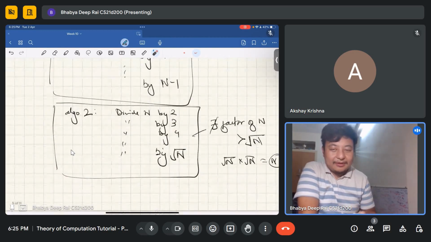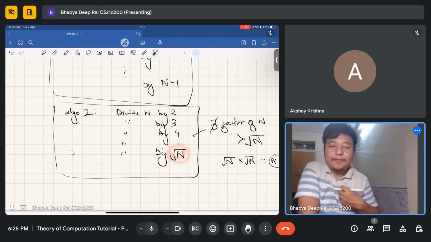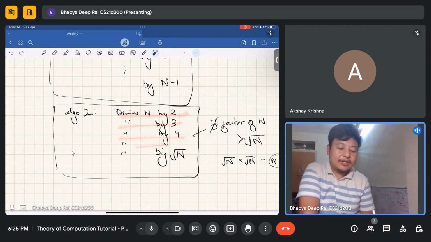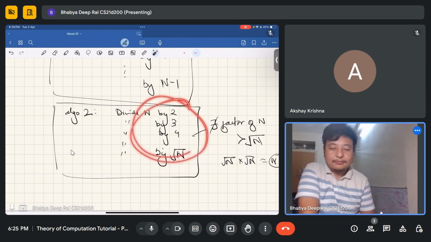But we can make the algorithm slightly more efficient by only going until root n. You divide by 2, 3, 4, and so on until you go till root n, and if root n also does not divide, then any other number after it will be a factor of one of these.